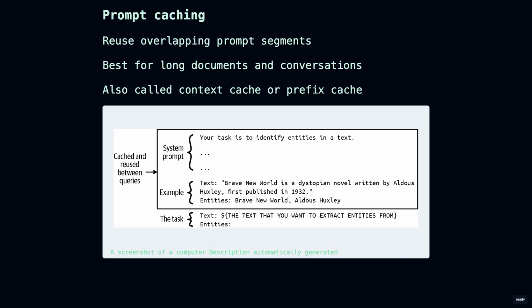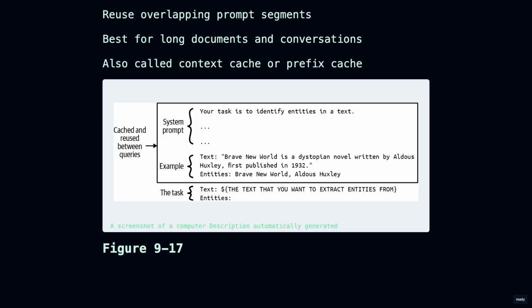That reuse is what lowers both latency and cost when many requests share the same prefix. This figure makes the idea concrete. Once the shared prefix is cached, later prompts can skip redundant work. That is why prompt caching is so effective for repetitive workloads.